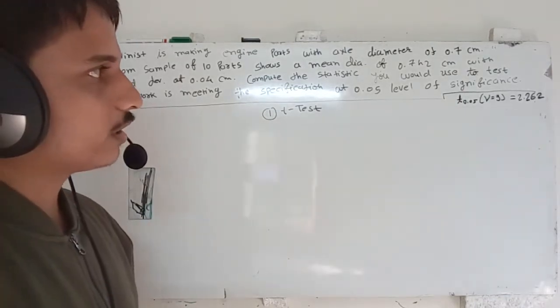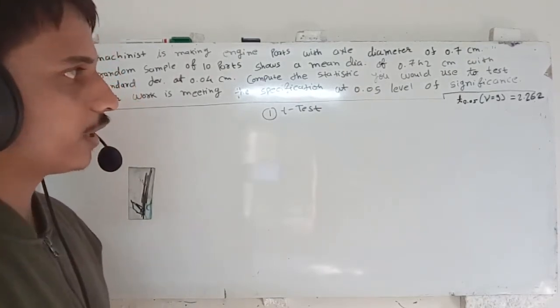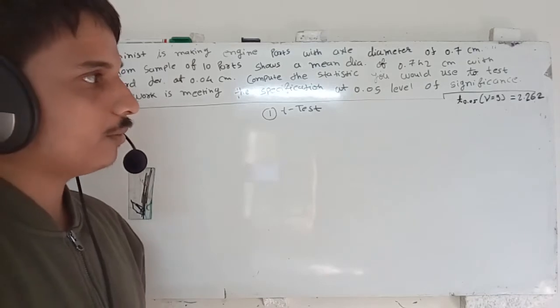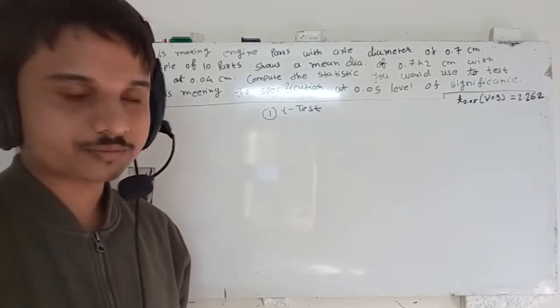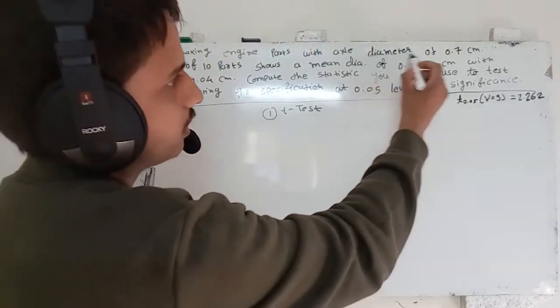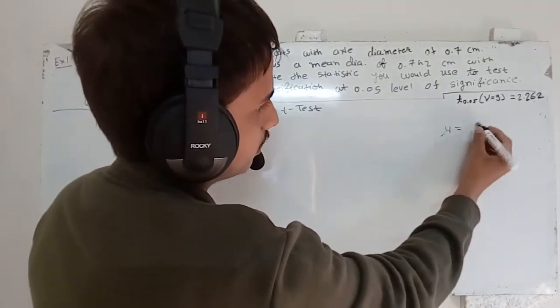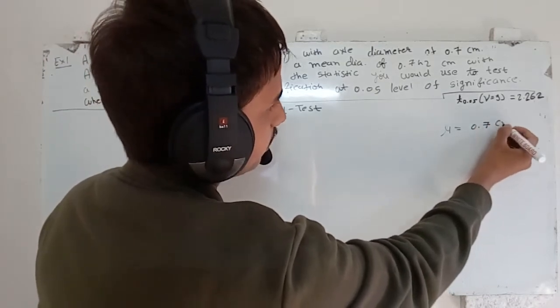Compute the statistic you would use to test whether work is meeting the specification at 0.05 level of significance. Now in this example we are given that population mean is 0.7 cm.